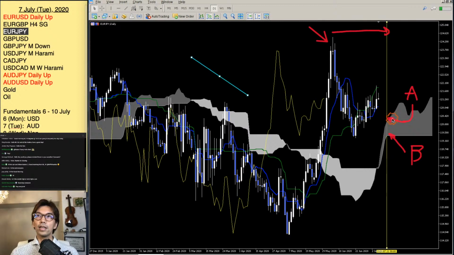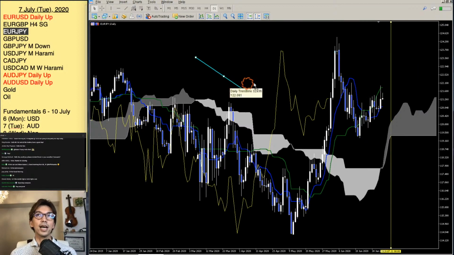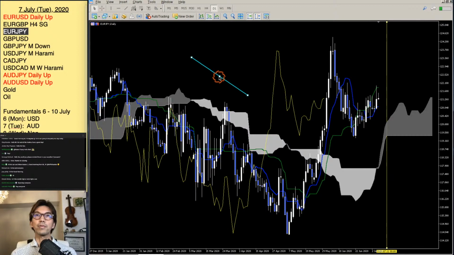So you get the price values of Senko span A and Senko span B at that time, and you simply connect these dots.